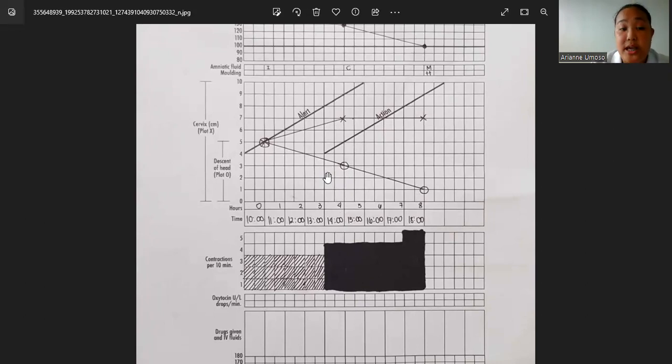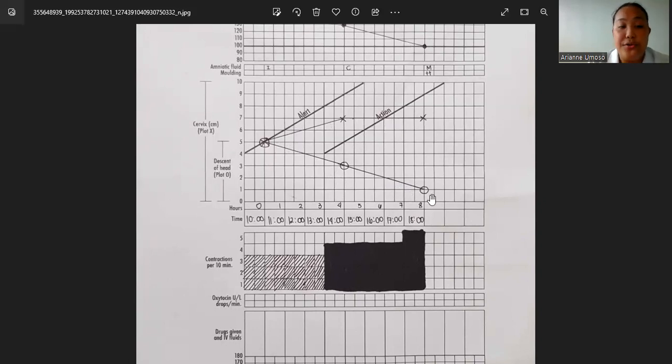After 4 hours again, the descent of the head declined to 1 cm. As I said, it should be 2 cm per hour. That is the reason behind the drop of the fetal heart rate: the arrest in cervical dilatation and protracted descent of the head.